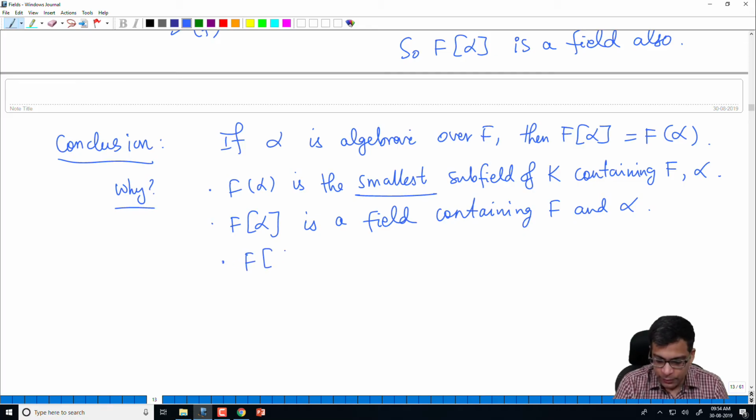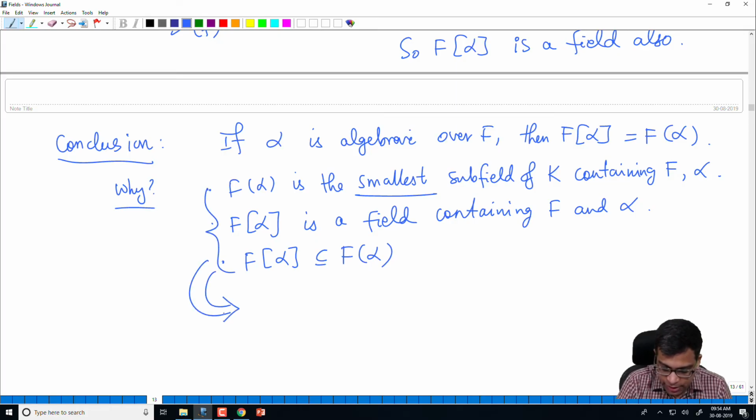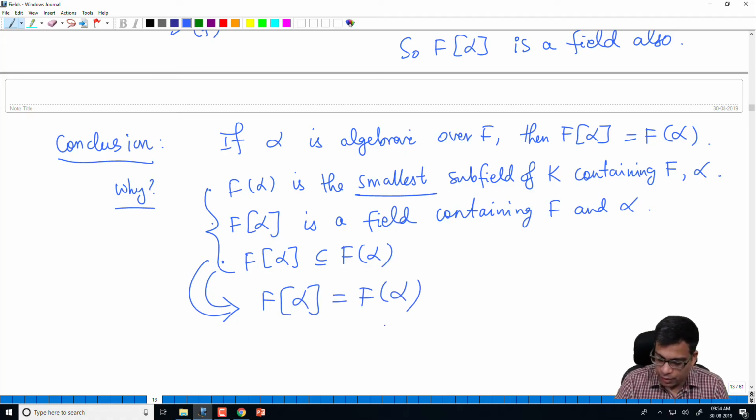And finally F[alpha] is contained in F(alpha). These three things together imply that F[alpha] is equal to F(alpha).